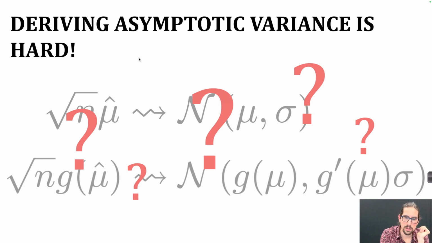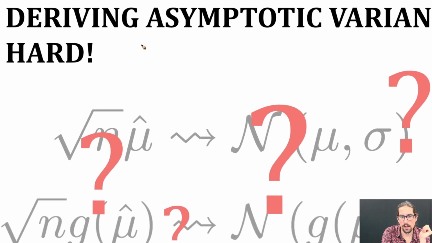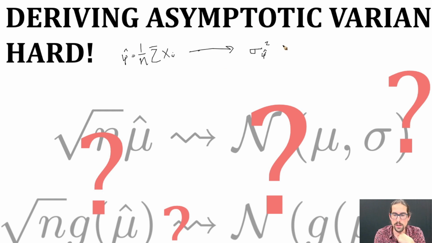Let's back up to the case that you're already familiar with. You know that if we have the sampling mean, this is our estimator, and from here we know that the variance of this is given by the variance of x divided by n, okay?